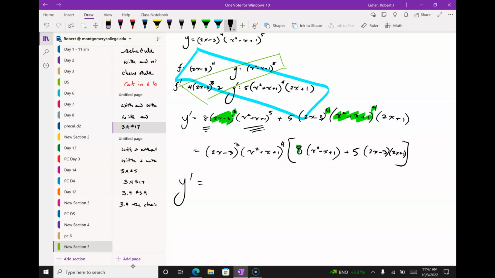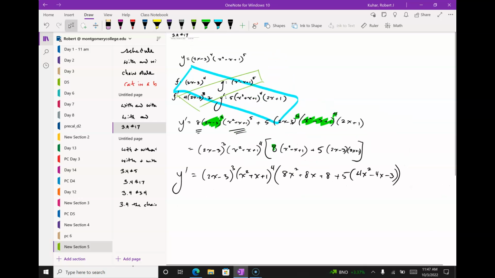Every time I write a new line, I'm trying to write a complete sentence. So it looks like I have 8x squared plus 8x plus 8 plus 5 times (4x squared minus 4x minus 3). Someone double check me on that, please. Anybody? Yeah, Jeffrey, thank you.